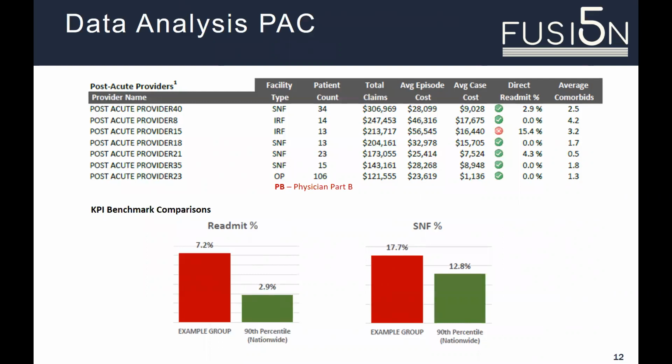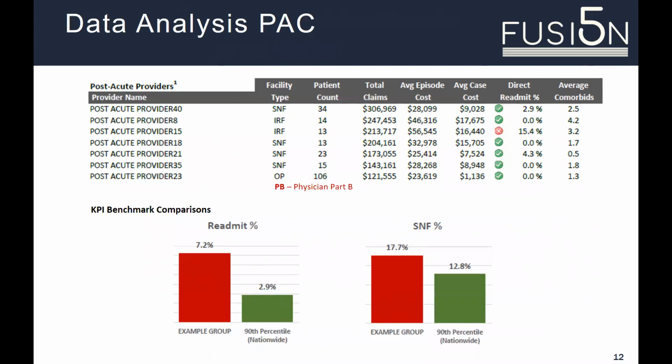If your target calculation, say, was 25K, that's a loss of 25K per episode. Very significant money very quickly. IRFs can be bundle busters. And then on the skilled nursing side, this is an example of variation. You see that SNF 40 spends only 9K, SNF 18 spends 15K.